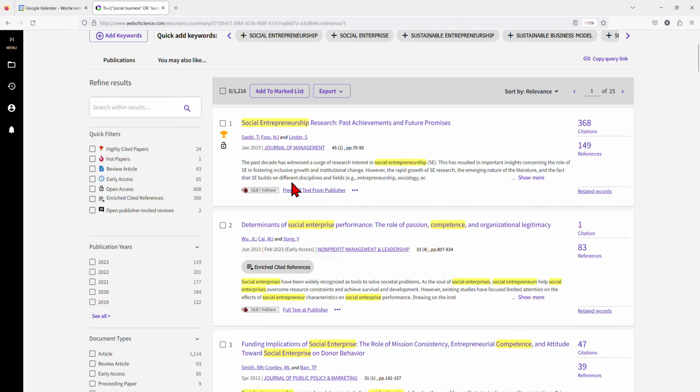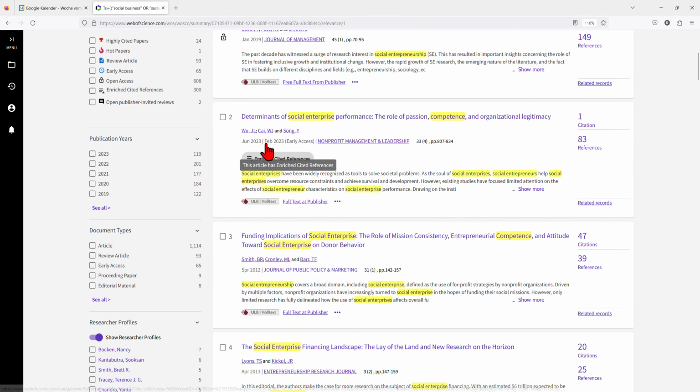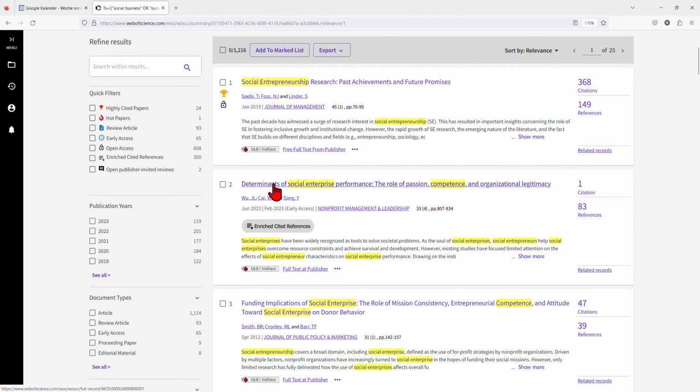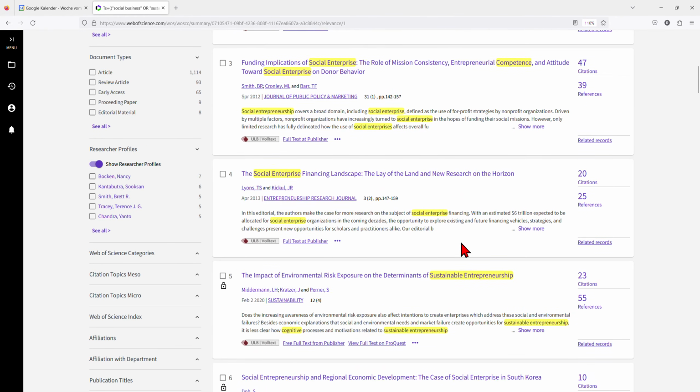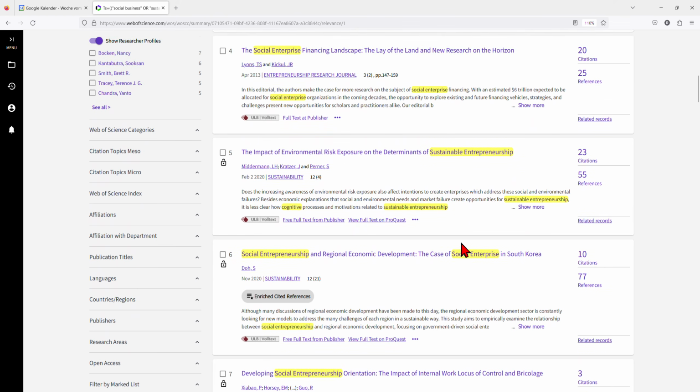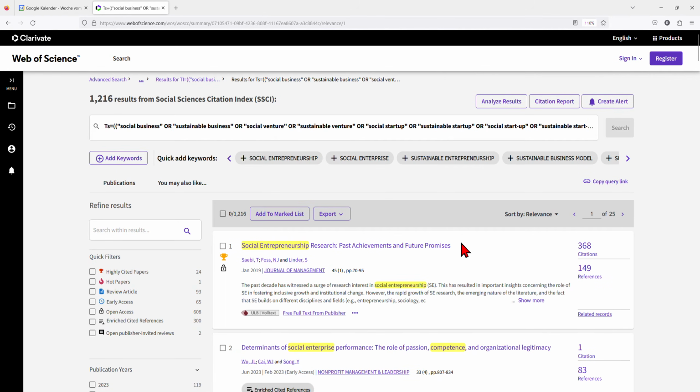So you can just scroll a bit here and you see that here you have something like determinants of social enterprise performance, role of passion, competency, and legitimacy. And also here you have something with social enterprises, entrepreneurial competence, and so on. So this looks quite good, so that you have something in here that is probably relevant for what you want to know.